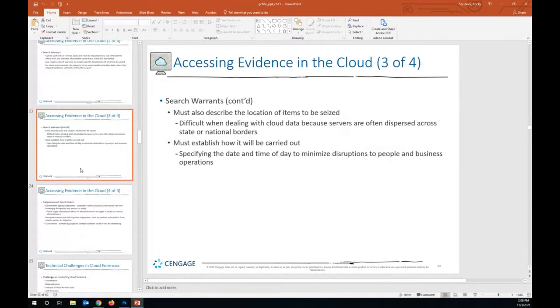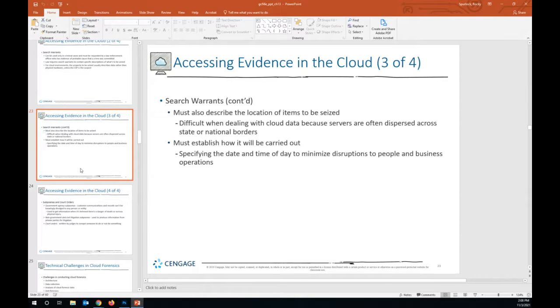Now there are some complications that can arise when requesting a search warrant. If a search is announced, you have the risk of failing to preserve the evidence increasing.